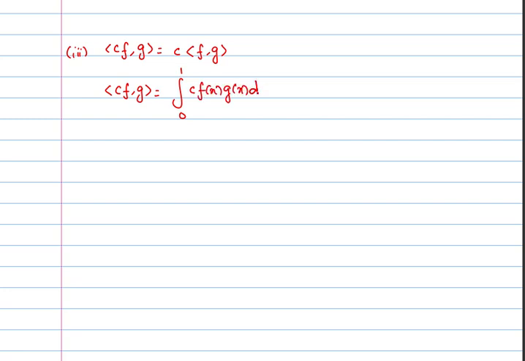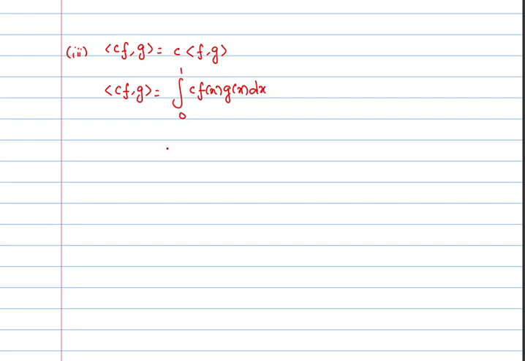Now we go for the third axiom, the homogeneity axiom: inner product of C times F comma G equals C times inner product of F comma G. As usual, I take the left side: the inner product of C times F comma G is the integral from 0 to 1 of C times F of X times G of X dx.